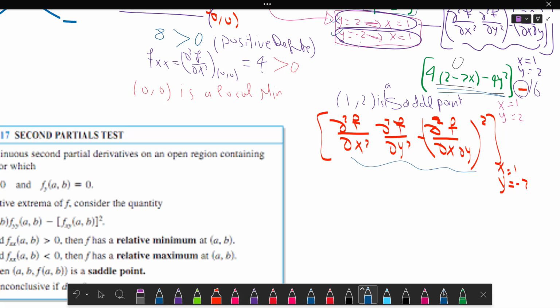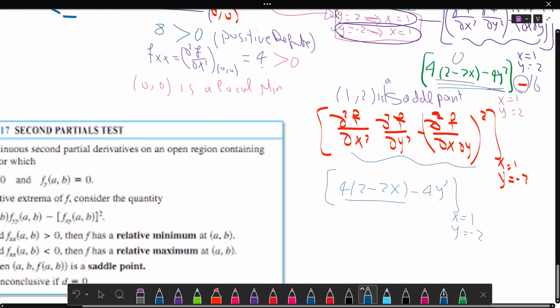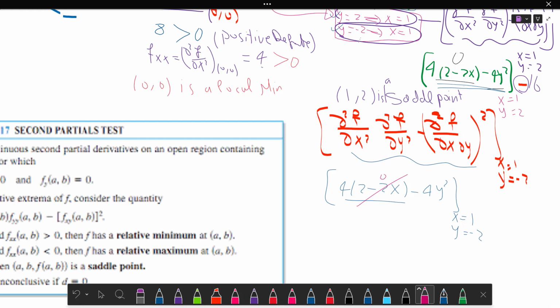At x equal to 1 and y equal to minus 2, when x equal to 1, this is 0. So if y is equal to minus 2, it's still minus 16.